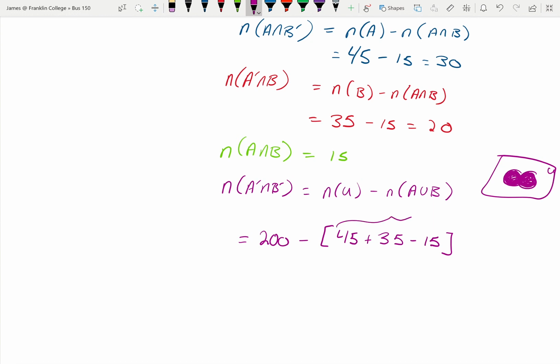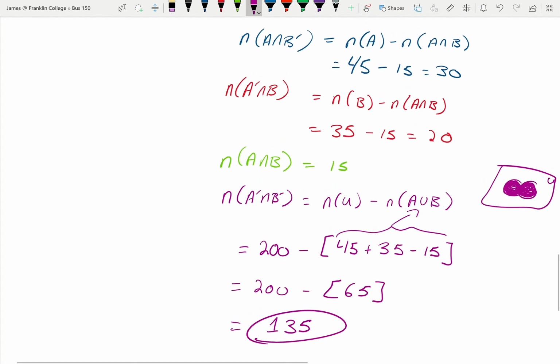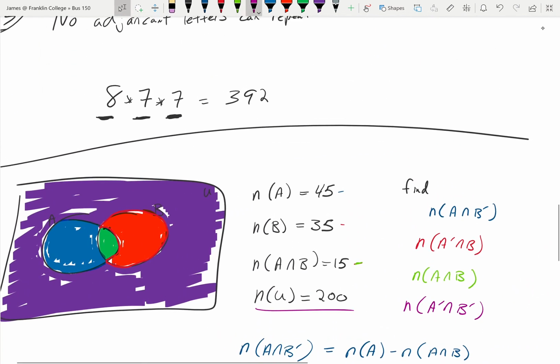This section right here tells us the total number of elements in A union B. So we're going to get 200 minus 45 plus 35 minus 15, that's 65. 200 minus 65 is 135. So 135 elements is in this purple region that we shaded in right here.